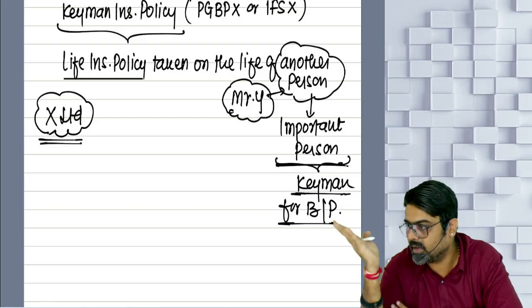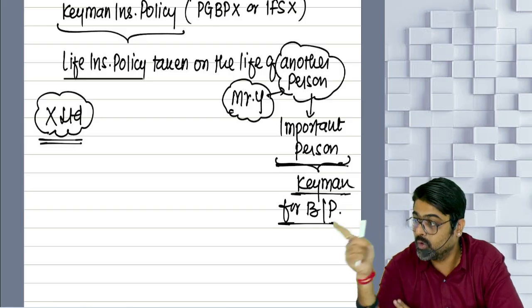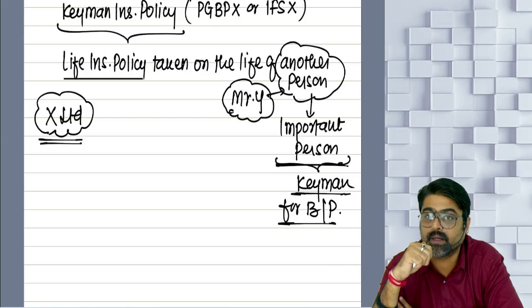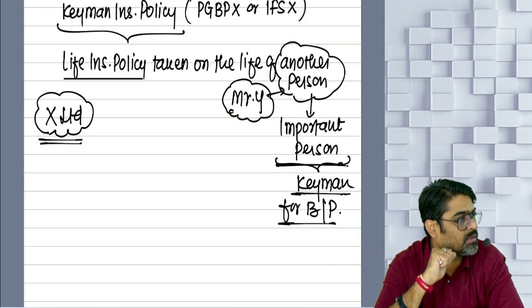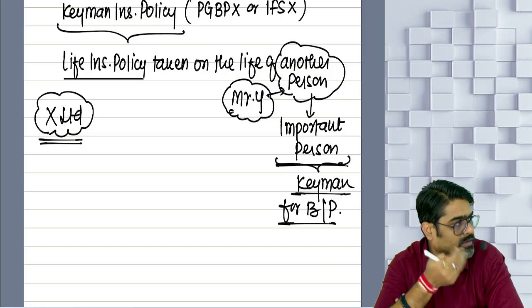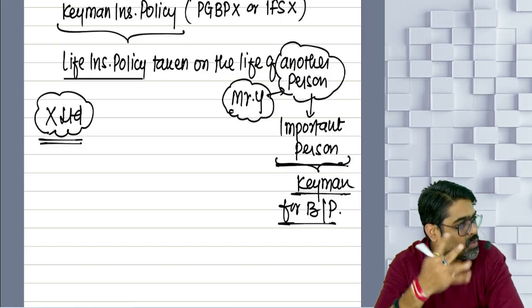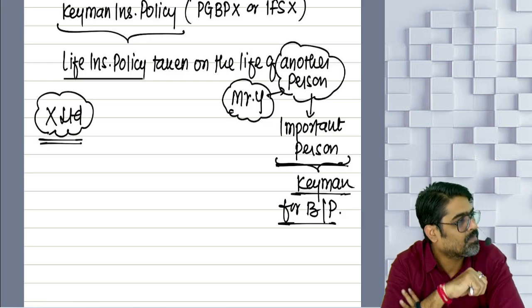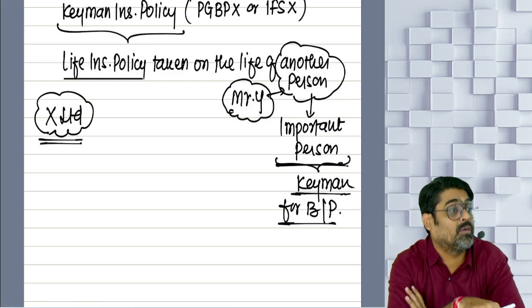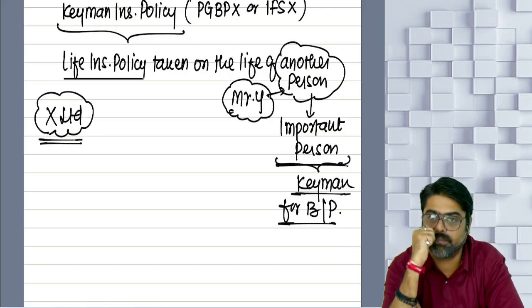That if, God forbid, something happens to that Mr. Y, who is very important for the business of X Limited, the company is going to incur huge losses. But at least to the extent of some amount, the loss will be recovered through the insurance claim, which X Limited will receive from the insurance company.